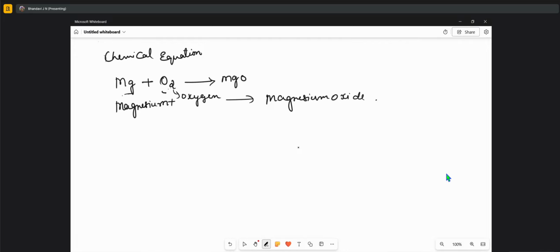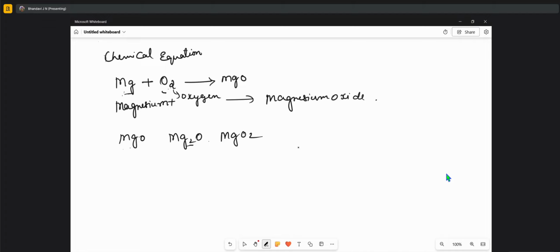So here, magnesium combines with oxygen to form magnesium oxide. I have written MgO, right? Why can't I write Mg2O, or MgO2? Many places it could be written, right? Why can't I write this?